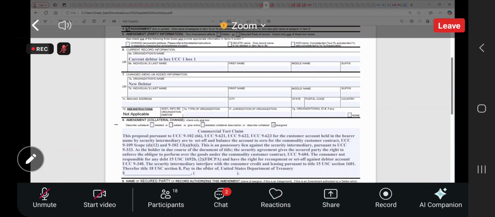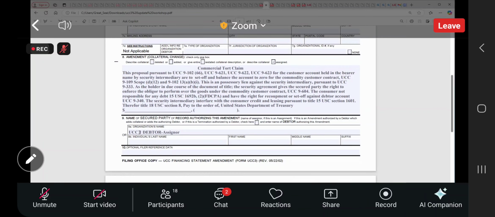The securities intermediary interfered with the consumer credit and leasing pursuant to Title 15 USC 1601, Truth in Lending Act. Therefore, Title 18, Section 8, paid to the order of the United States Department of Treasury, the amount, and you write it in here. And you put the assignor, the company, here.